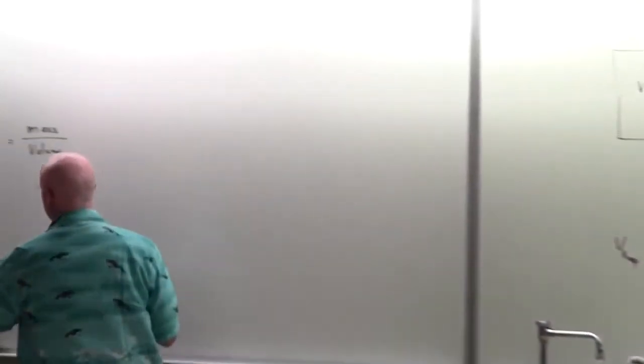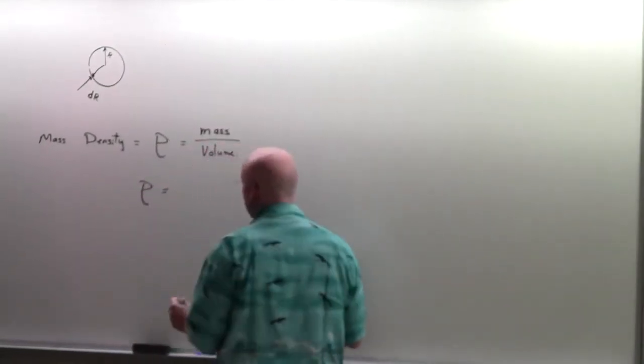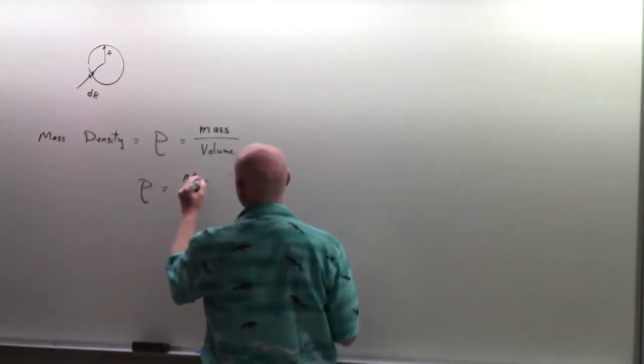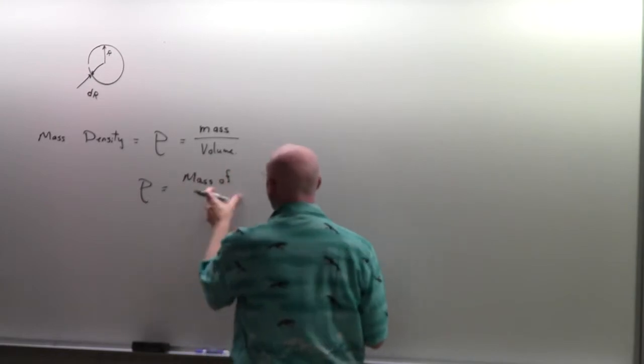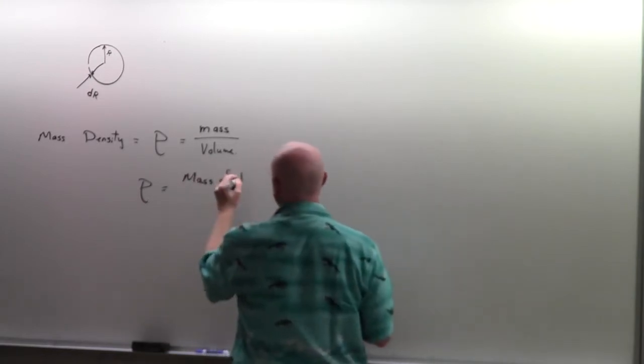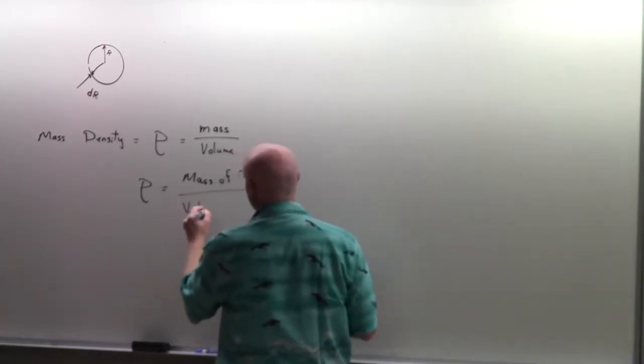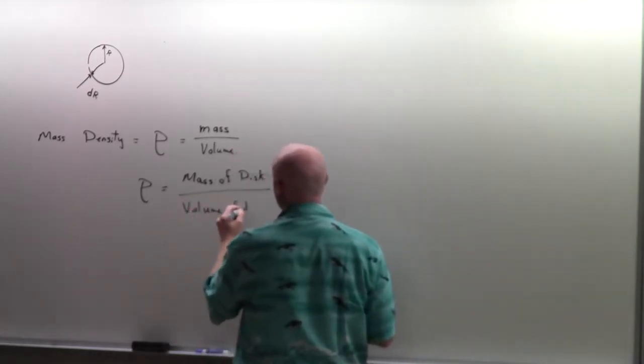Here's what I mean by that. Here's our two options. The density can be the whole mass. So I'll put mass of disk. And if I did that, I would need to divide then by volume of disk.